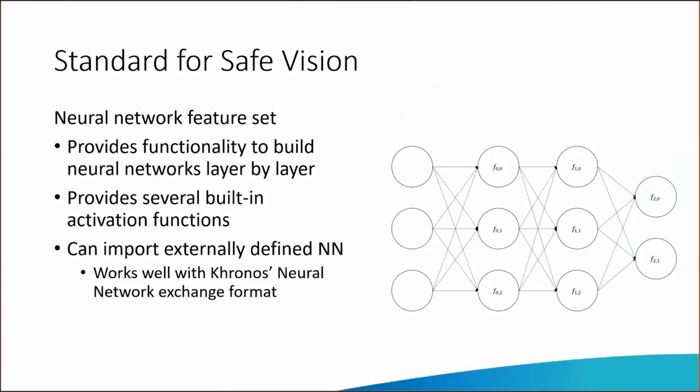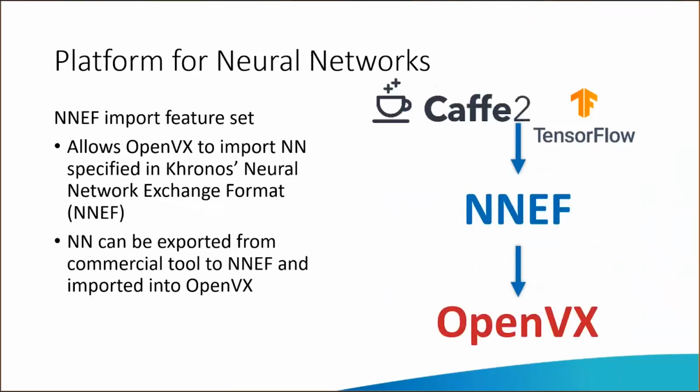And what do I mean by this? Well, OpenVX supports this other standard from Kronos called the Neural Network Exchange Format, or NNEF format, and it provides this feature called the import feature set, where you can take a neural network developed in a tool like Caffe or TensorFlow, and these are kind of the industry standard tools for building and training neural networks.